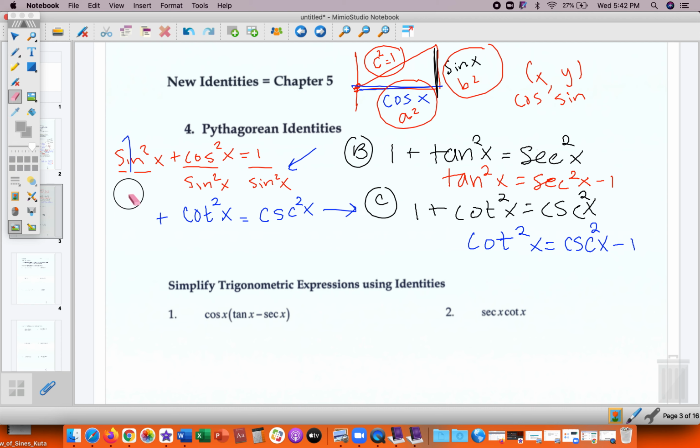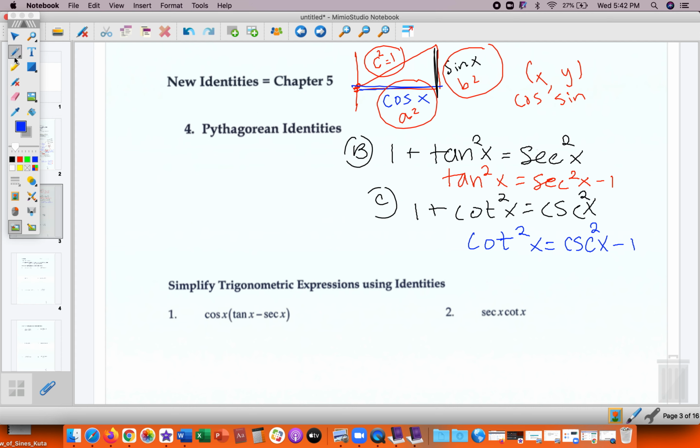Then, if I go back to sine squared x plus cos squared x equals 1, and divide all three terms by cos squared x, then we end up with sine over cos is tan, so that's why we get tan squared x.